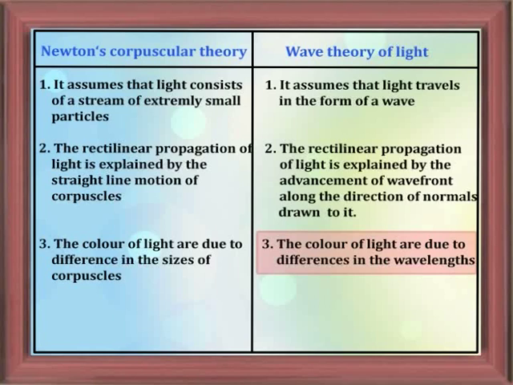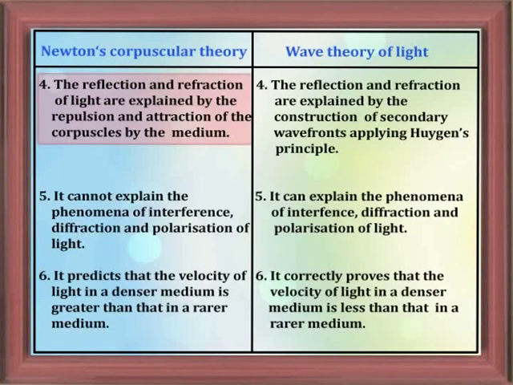Newton's corpuscular theory says the reflection and refraction of light are explained by the repulsion and attraction of the corpuscles by the medium. But wave theory of light says the reflection and refraction are explained by the construction of secondary wavefronts applying Huygens principle.